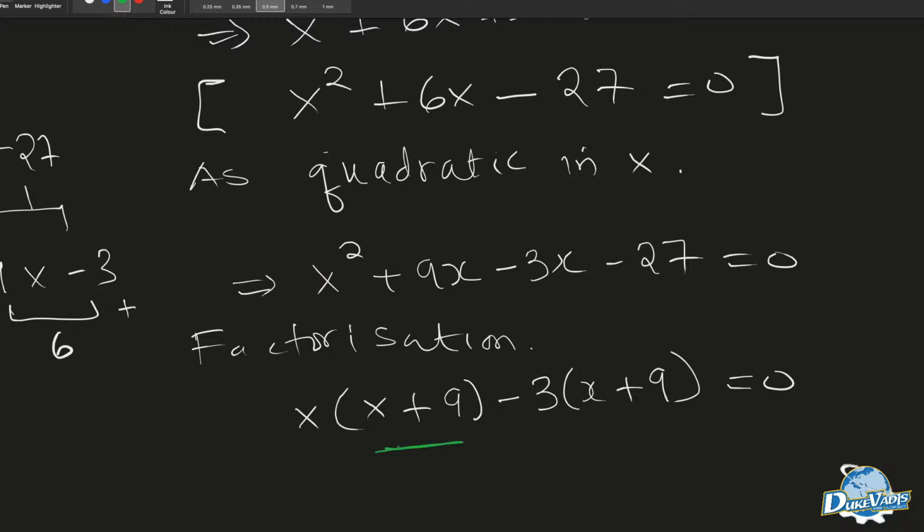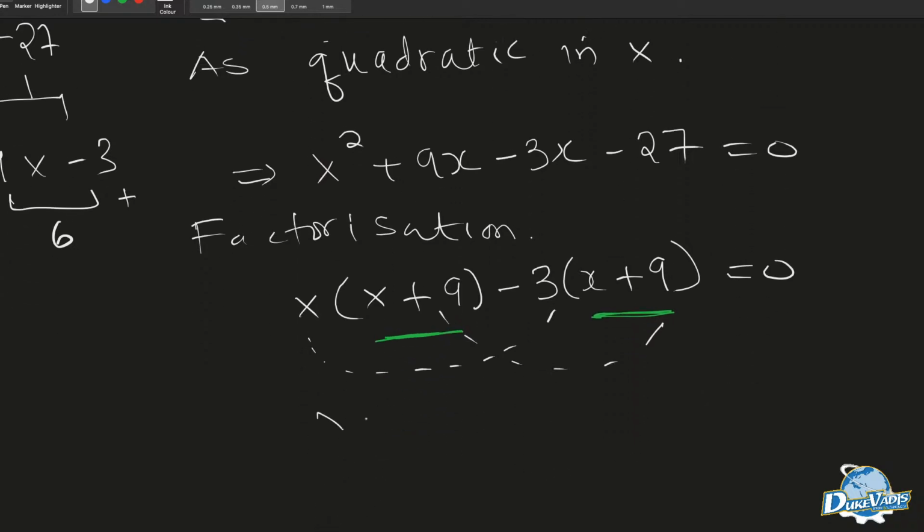Here we have x plus 9 and x plus 9, which is common to both. So we pick this and this, and we say (x - 3)(x + 9) = 0.